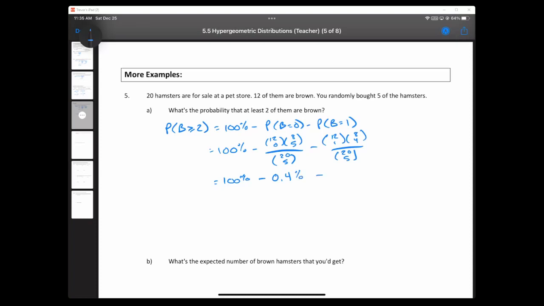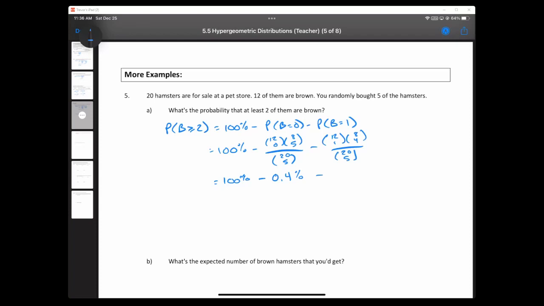It's a very unlikely outcome. Since most of them are brown, it's very unlikely you're going to get no browns. This probability should be higher of getting 1. It is more likely. So that's just going to be 12 times 8 choose 4 divided by 20 choose 5.